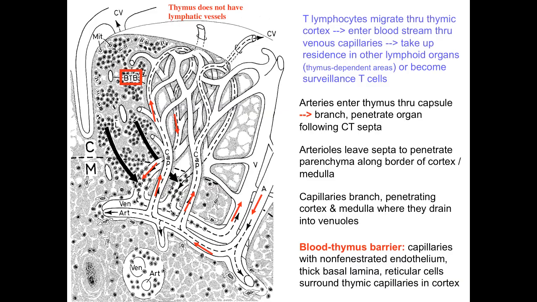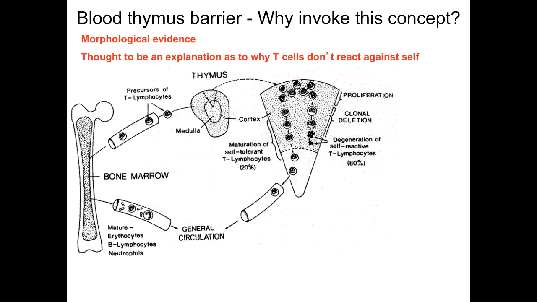We invoke it for this morphological evidence that we've described, the non-fenestrated endothelium, the thick basal lamina, and the reticular cells surrounding the capillaries, but we also invoke it to explain why we think thymic T cells are not self-reactive. That is why they're not reacting against molecules of the body itself.